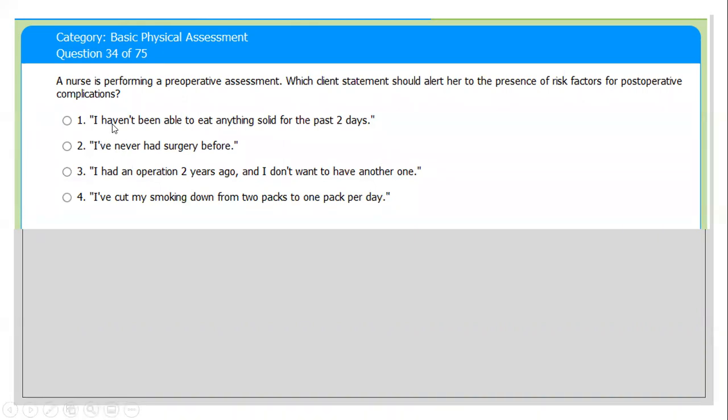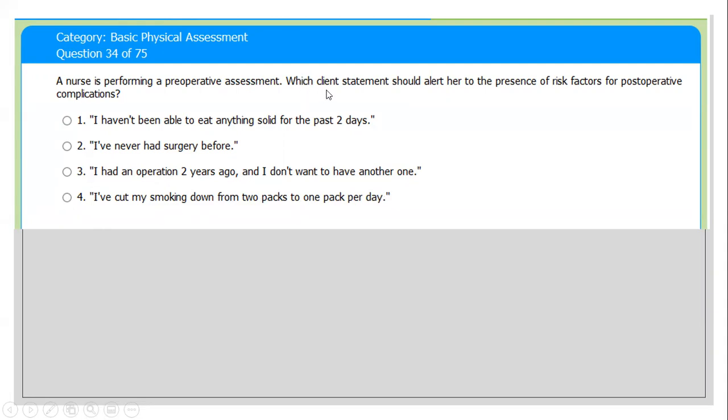Number one, I have not been able to eat anything solid for the past 2 days. Number two, I have had surgery before. Number three, I had an operation 2 years ago, and I do not want to have another one. Number four, I have cut my smoking down from 2 packs to 1 pack per day.